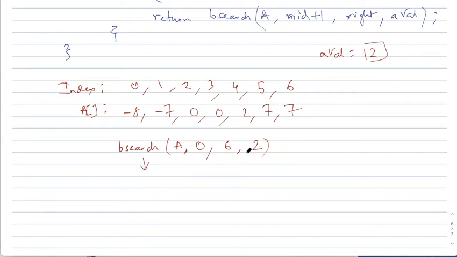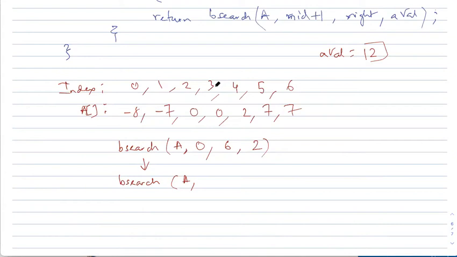Next, we find that in this range, it's going to look on the right hand side, right? So it became B search A. What was 0 plus 6 divided by 2, which is 3, correct?